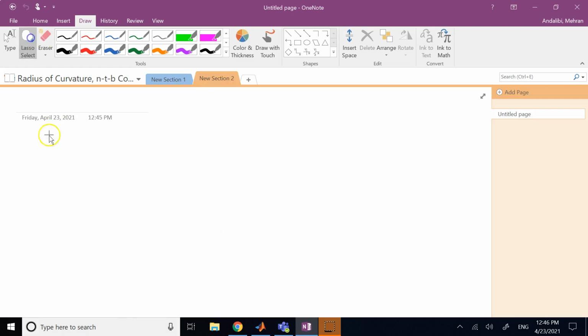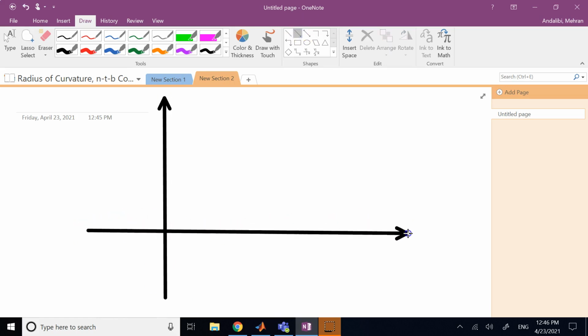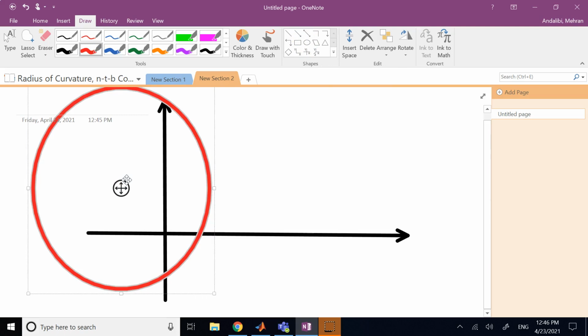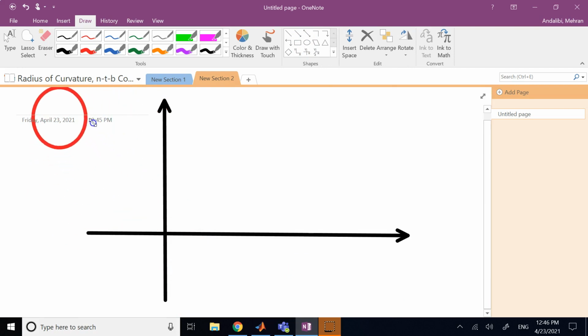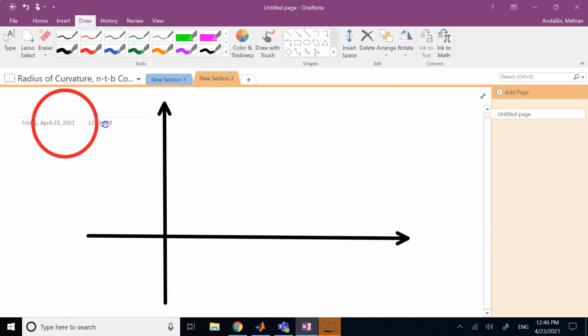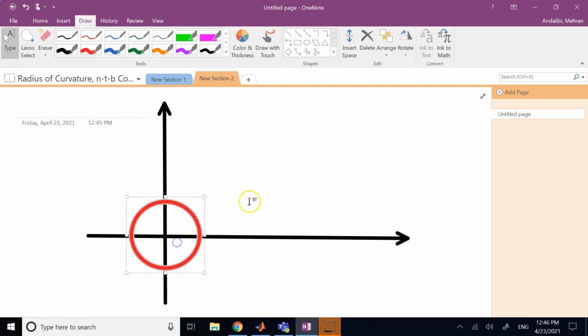So first thing I would like to do is to show the usage of it through something that is obvious. And of course, nothing is as obvious as a circle itself. So here, I assume that the path or the function that I am going to find a radius of curvature for is a circle itself.